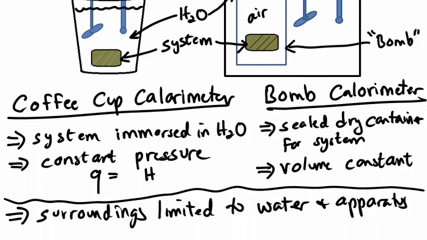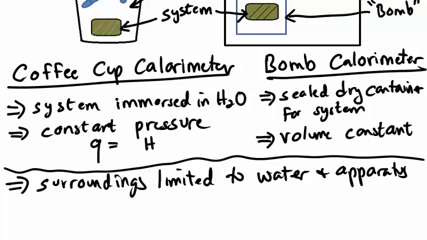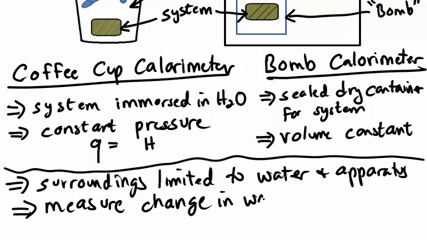The others will be neglected. And in both cases, you're going to measure the change in the system by measuring the temperature of the water and how it changes. So you're going to measure the change in the water temperature, which is delta T, and that will be produced by any changes in the system.